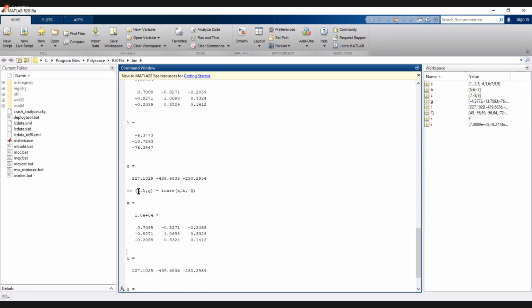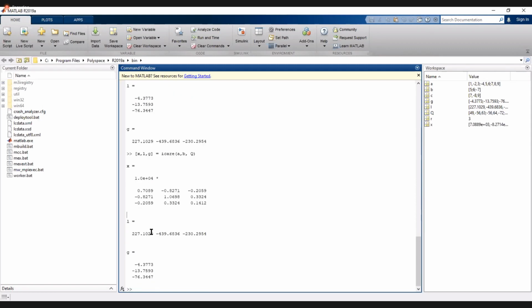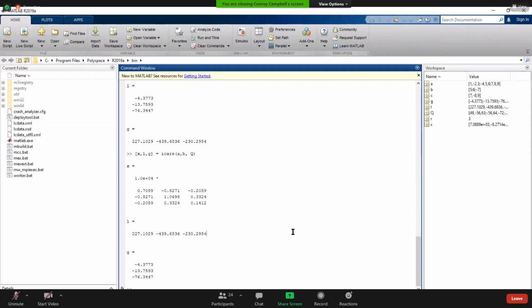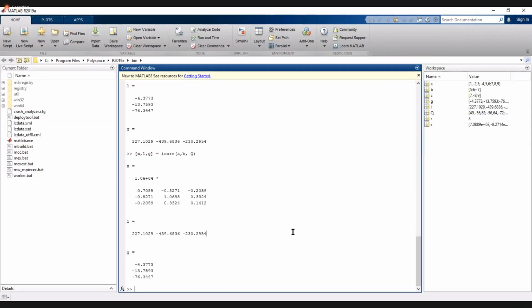So the second thing on the screen is the gains. Yeah, that is what they're calling it: the icare function is giving you the gains, and the Q is actually the eigenvalues of the system.